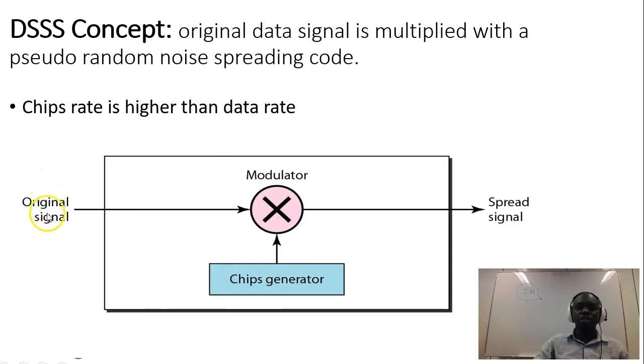So you take the original signal, assign it the spreading code for that specific signal, modulate it using the modulator, and then you get the chip rate, which is higher than the data rate of the signal.